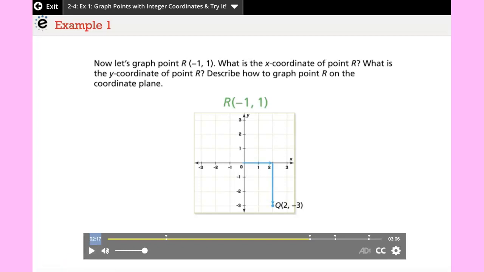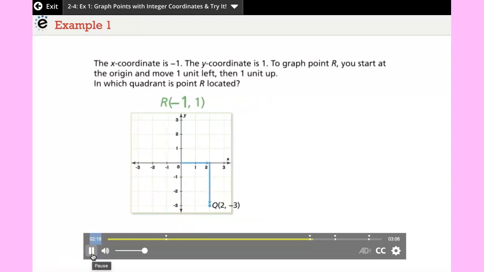Alright, so who could tell us how we graph the points? If you said that we go to the x-axis first and then we locate the y-axis, then you're correct. The x-coordinate is -1. The y-coordinate is 1. To graph point R, you start at the origin and move 1 unit left, then 1 unit up.